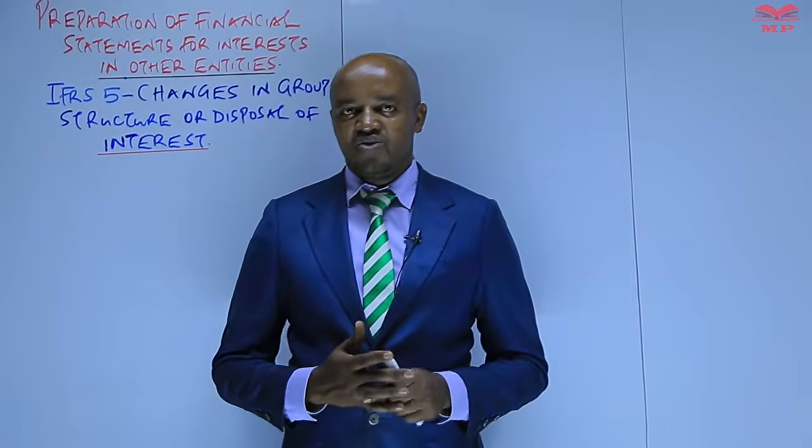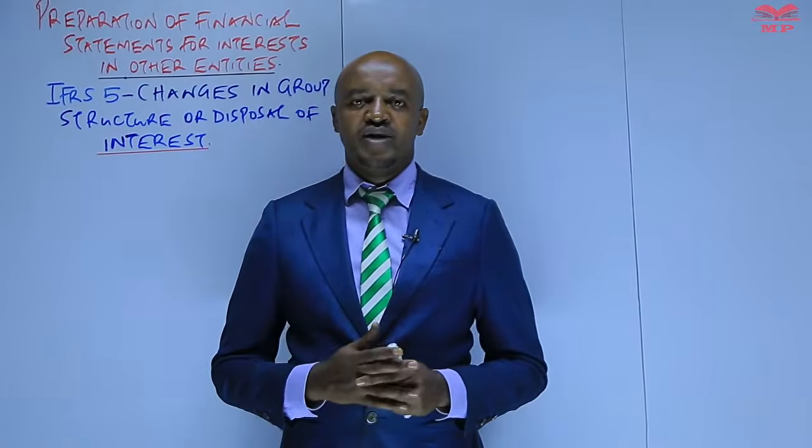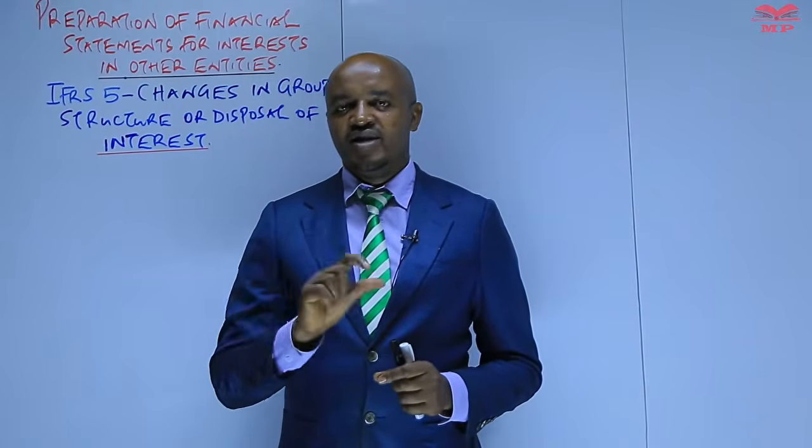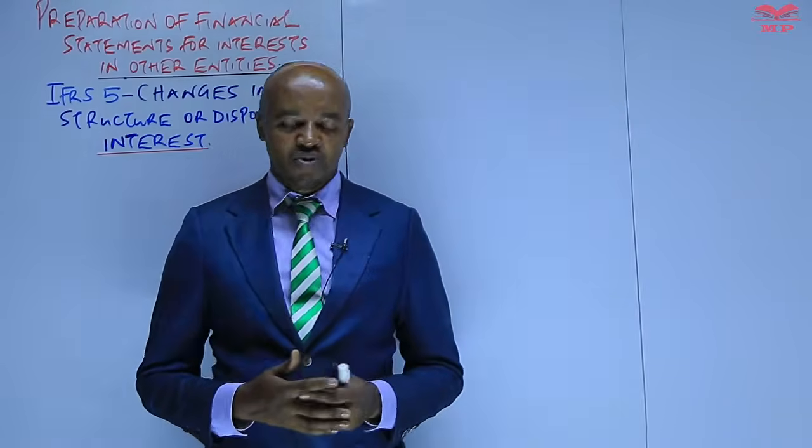So therefore, what we're going to do here is we're going to look at how to prepare the group accounts whenever there are changes in the group structure, or basically we have now the disposal of interest.